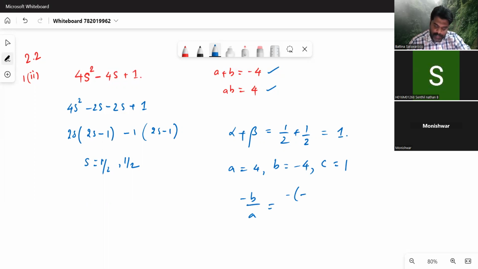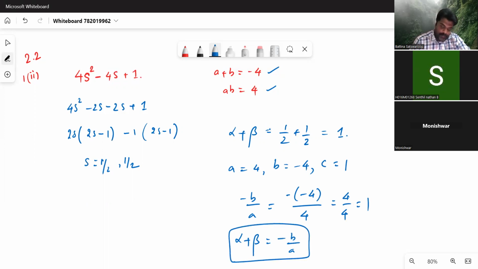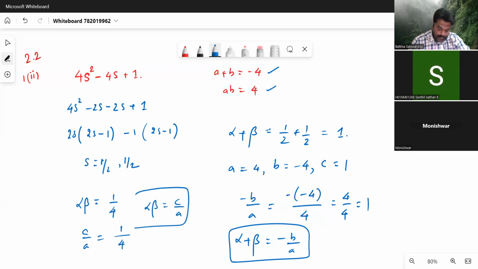So minus b by a, minus of minus 4 by 4, this will be 4 by 4, that is equal to 1. Therefore, I can say alpha plus beta is equal to minus b by a. Similarly, alpha into beta, 1 by 2 into 1 by 2, I will get 1 by 4. C by a, c value is 1, a value is 4. So alpha into beta is equal to c by a. So I have done my verification also. Clear, sir? Yes, sir.